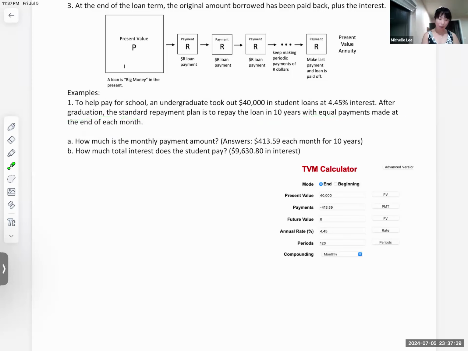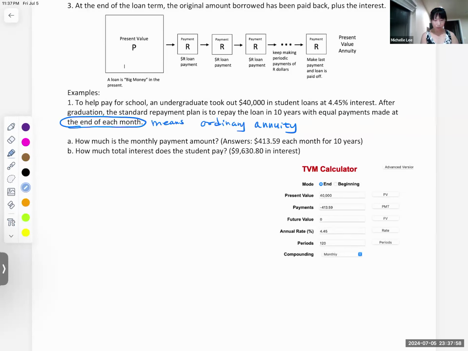At the end, so that means ordinary annuity. We make it end here, right? At the end, so end.